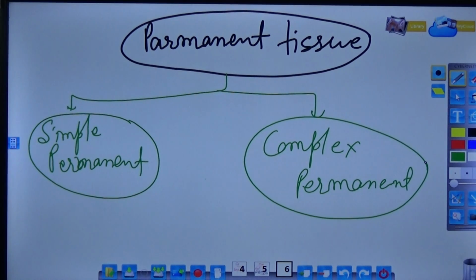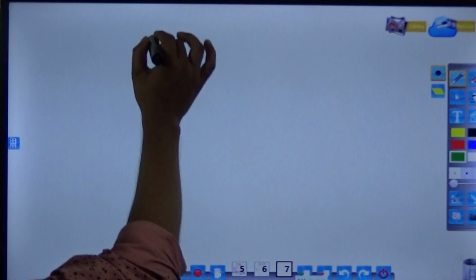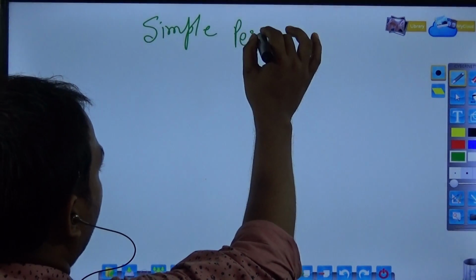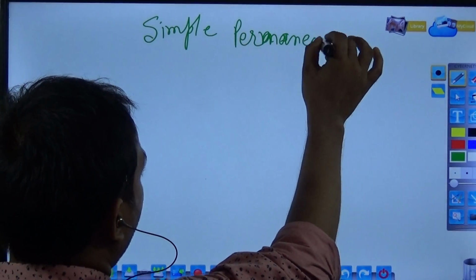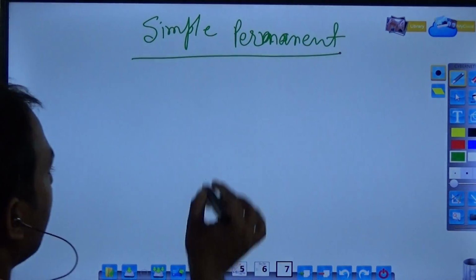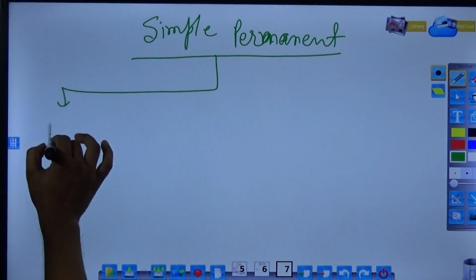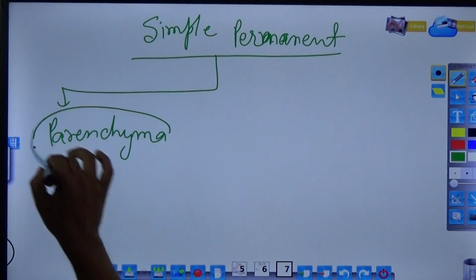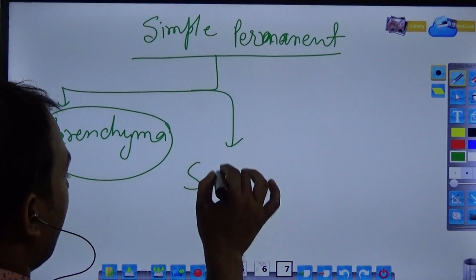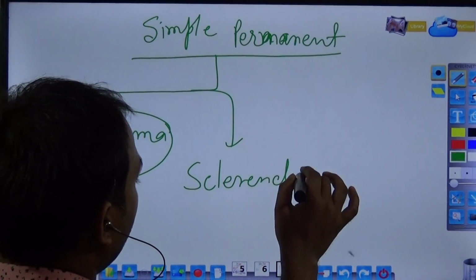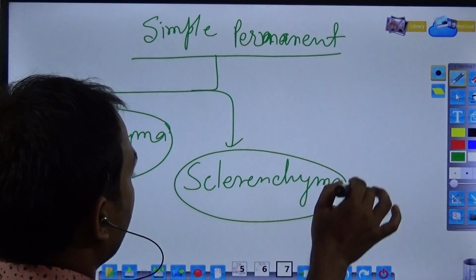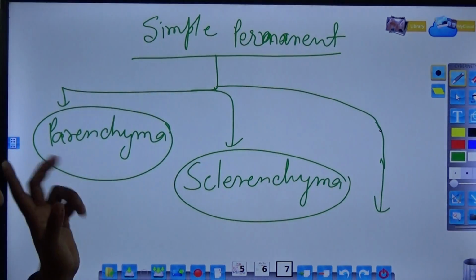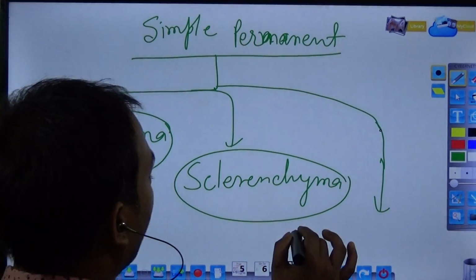Simple permanent tissue is also divided into parenchyma, sclerenchyma and collenchyma.